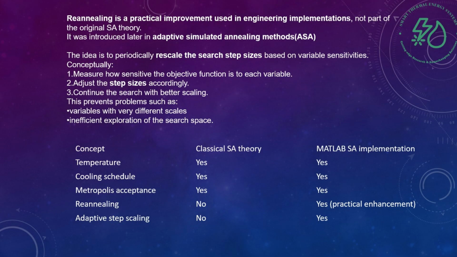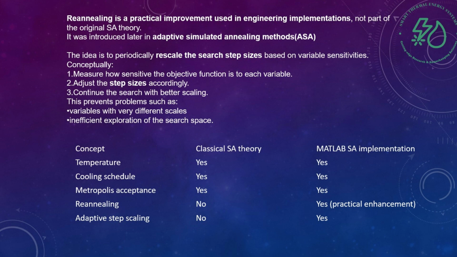To the reannealing option, we can add these explanations. Reannealing is a practical improvement used in engineering implementations, not part of the original simulated annealing theory. It was introduced later in the adaptive simulated annealing method, or ASA.